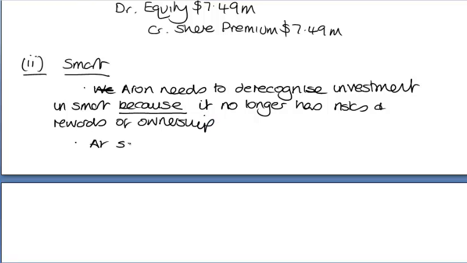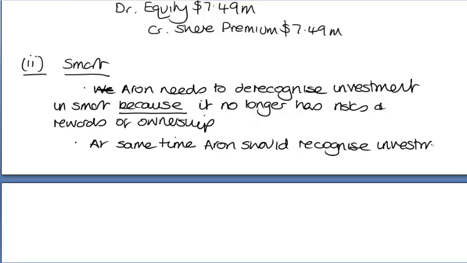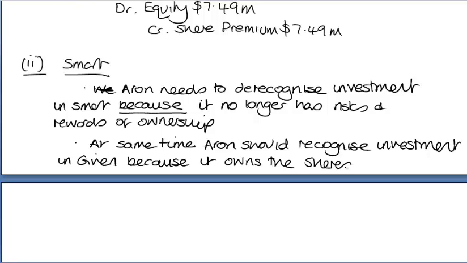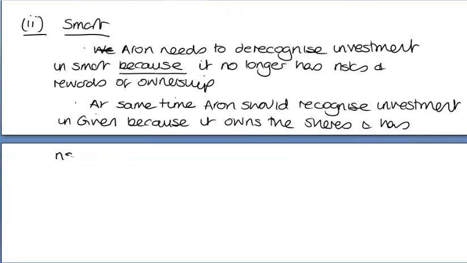At the same time, Aron should recognise an investment in Given because it owns the shares and has the risks in relation to that ownership.